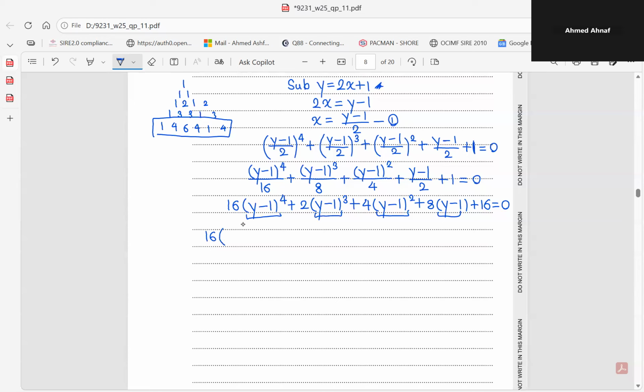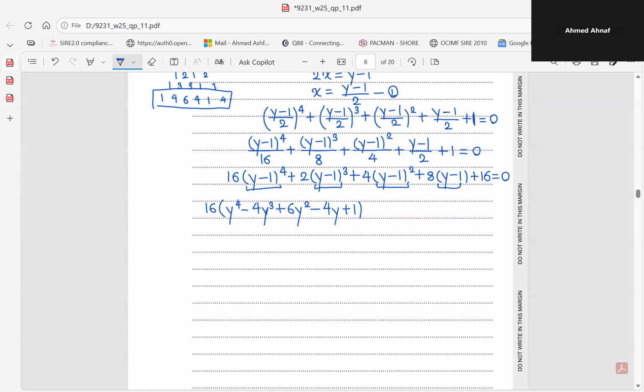Start off with 1, so y to the power 4, minus 4y cubed times 1, plus 6y squared times negative 1 squared, so that's just plus 6y squared, minus 4 times y times 1, so minus 4y, plus negative 1 to the power 4, which is just plus 1.